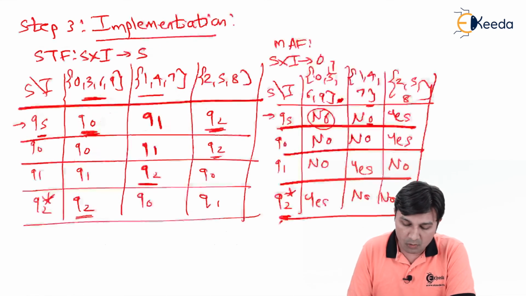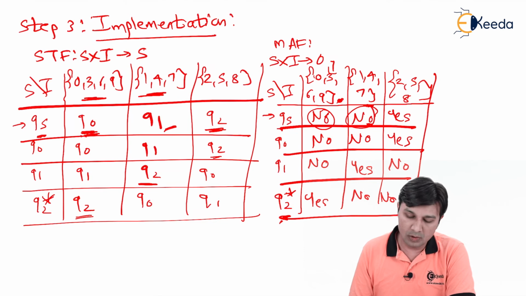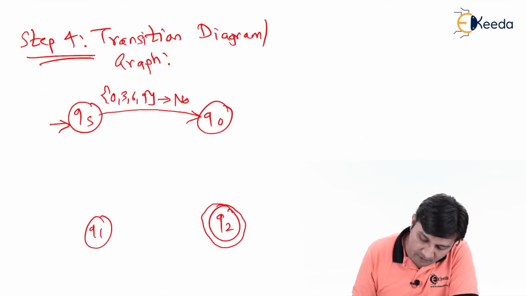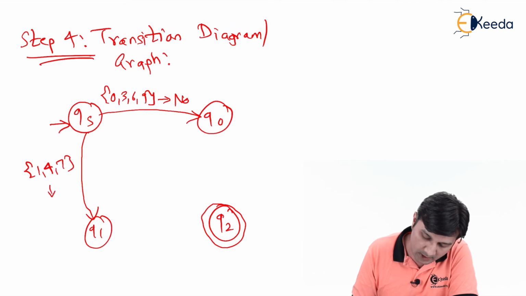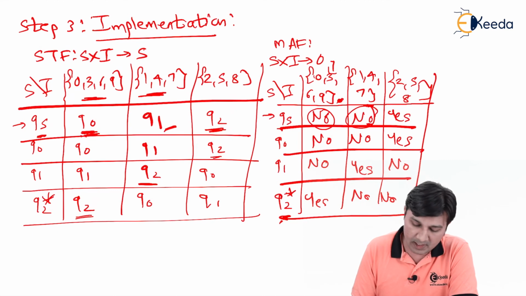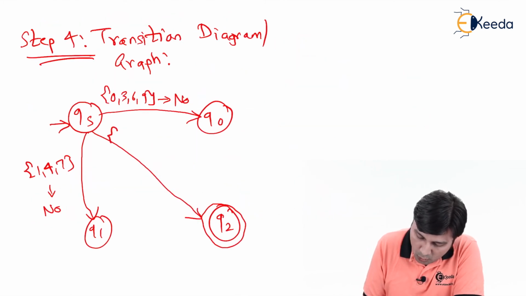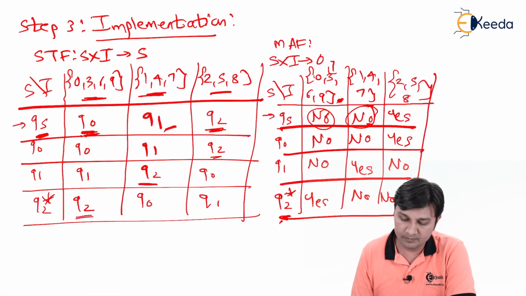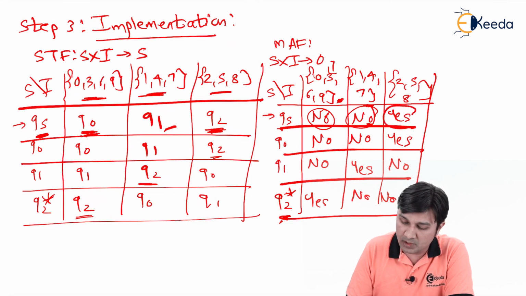Similarly, go ahead. QS on receiving input 1, 4, 7 goes to Q1 and gives the output as no. Similarly, QS on receiving 2, 5, 8 goes to Q2 and gives the output as yes.